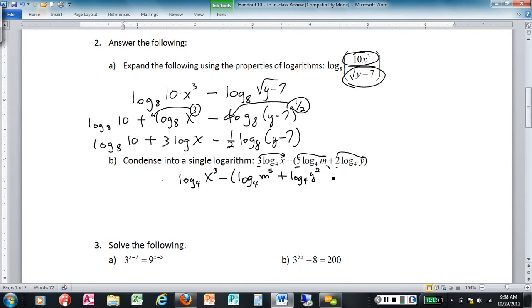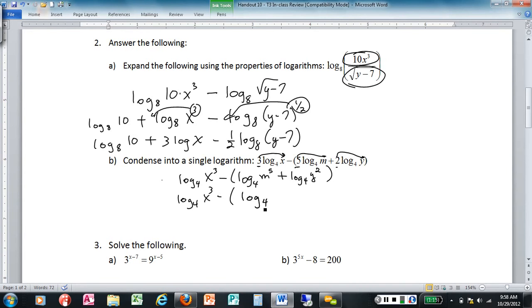Y squared, I should say. Okay, and so next of all then, as we typically do, we go left to right unless parentheses. So we do parentheses first. Putting the parentheses here together, well, we've got a logarithm plus a logarithm. Those can be condensed into one logarithm, like we were saying before.